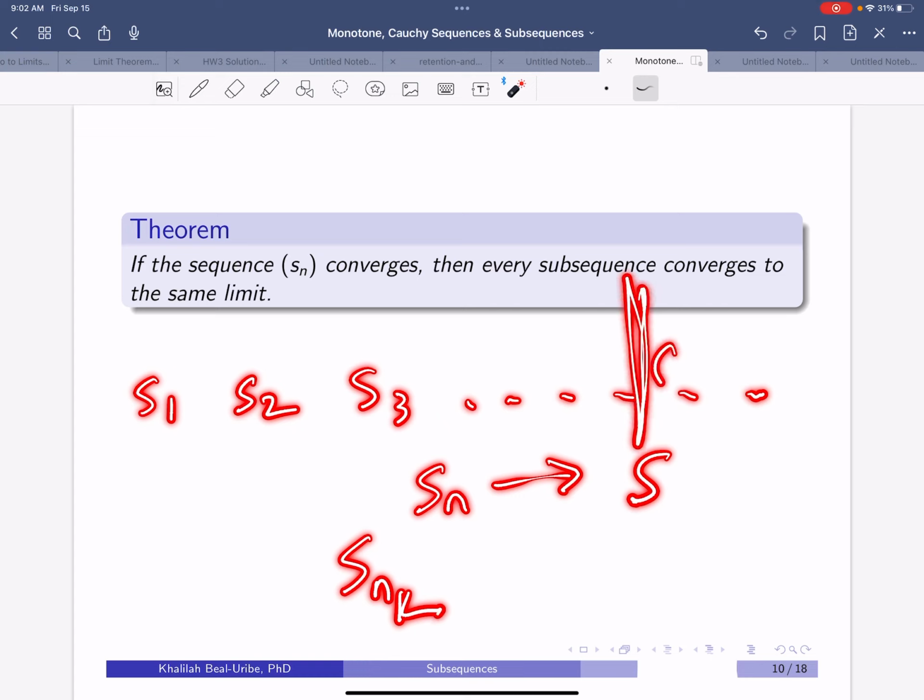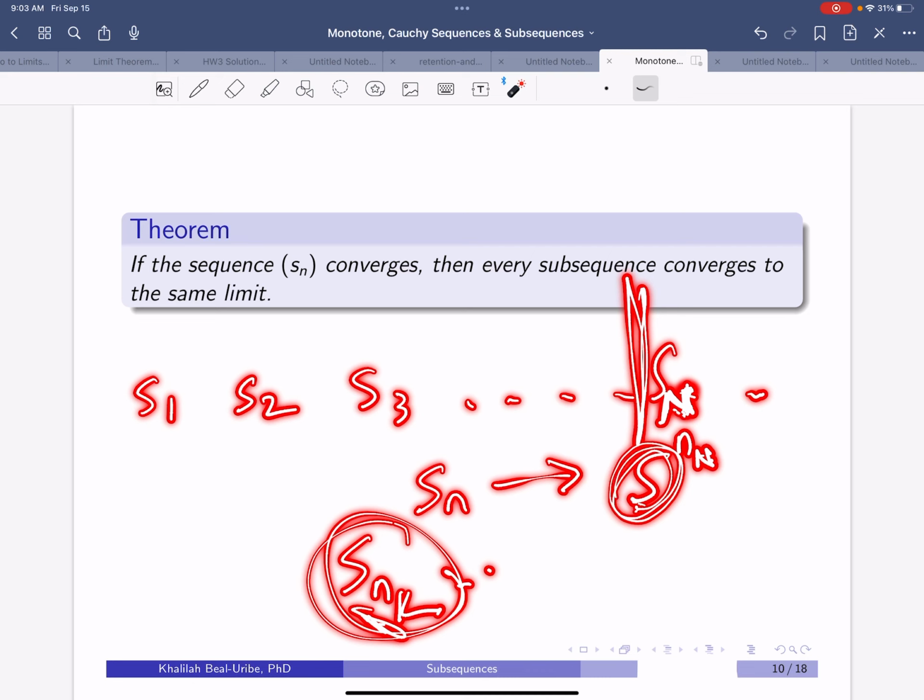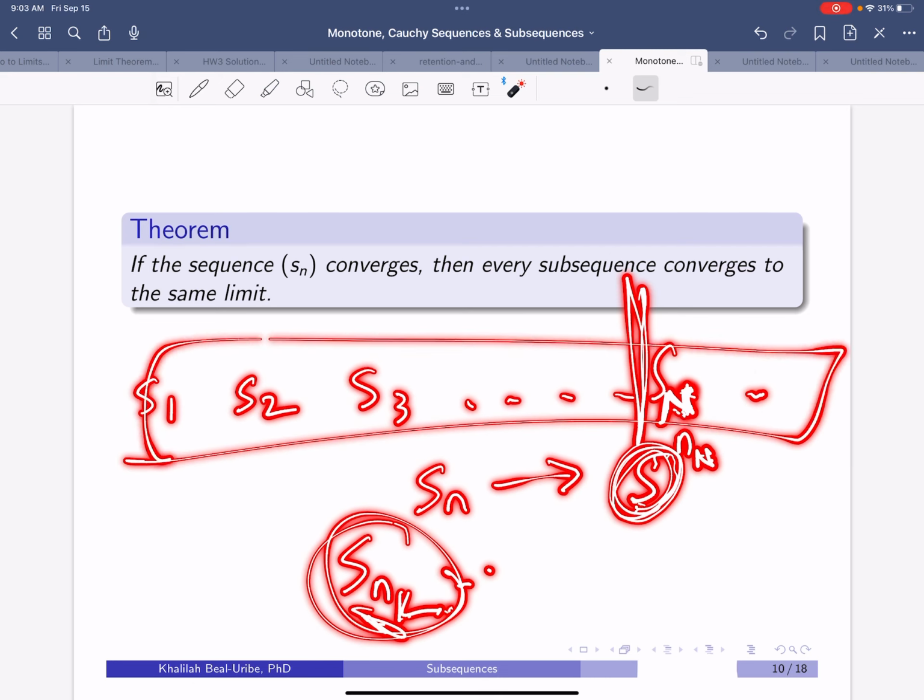There's some point, big N, where all the terms after SN will be within epsilon units of S. Notice that nk has to be bigger than or equal to big N. So whatever your subsequence is, after some point the remainder of its terms are within epsilon units of S, simply because these terms are coming from your original sequence.